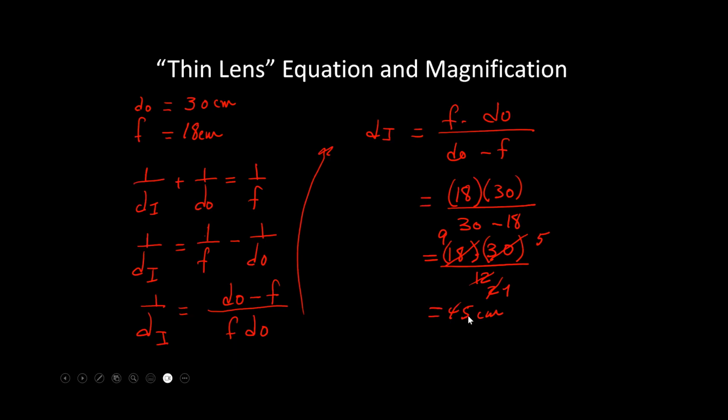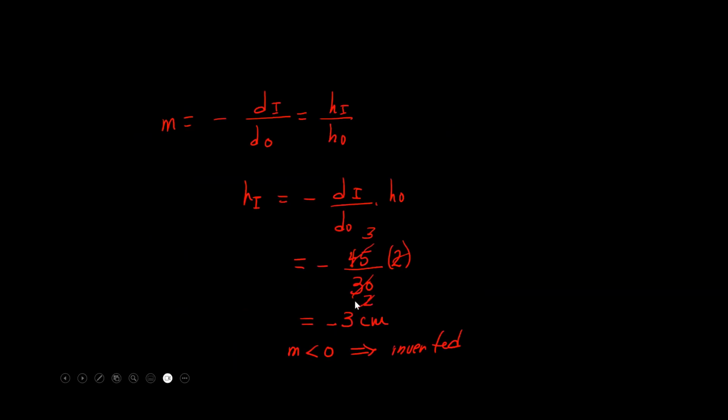This is the DI and the magnification, which basically, actually not magnification here. I'm sorry, this is H sub I, which is negative. We didn't compute the magnification. We just computed the height of the image. Okay. The magnification is not negative 3. If you want to compute M, it is H sub I over H sub O, which is negative 3/2.